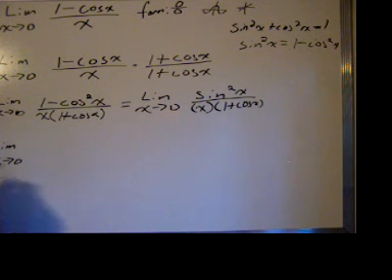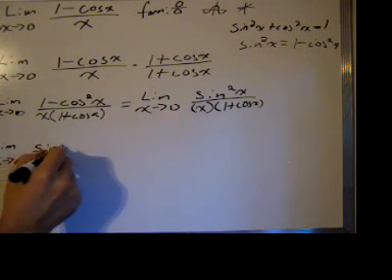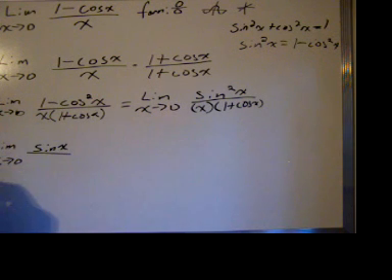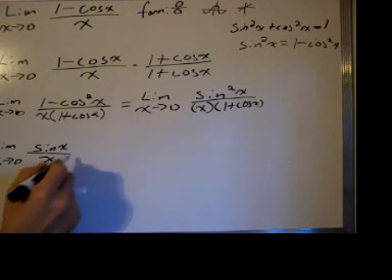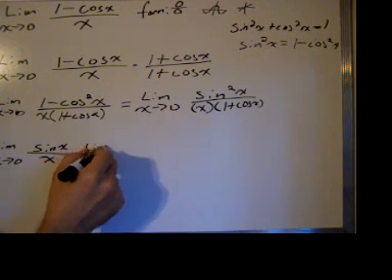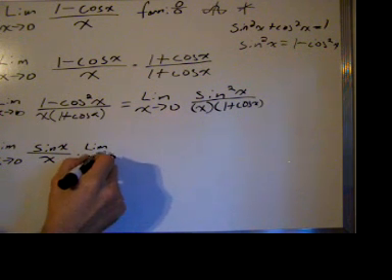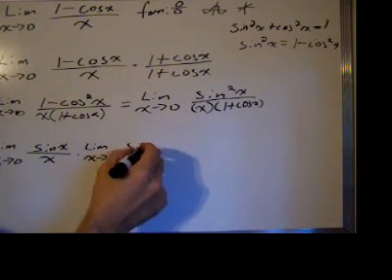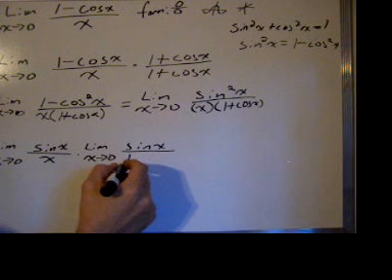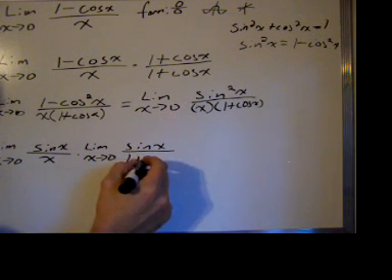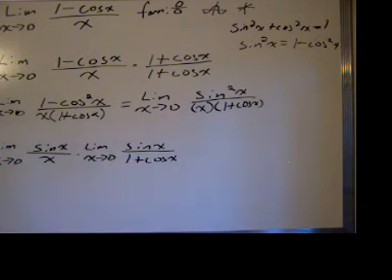The limit as x approaches 0, I'm going to pull one of the sine of x out of the numerator and put it over x, times the limit as x approaches 0 of the other sine of x over 1 plus the cosine of x.